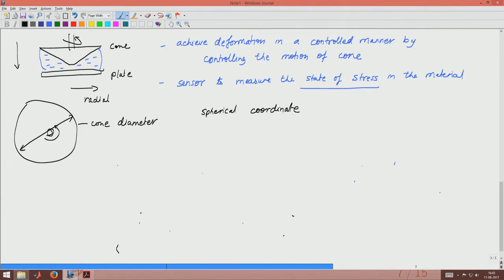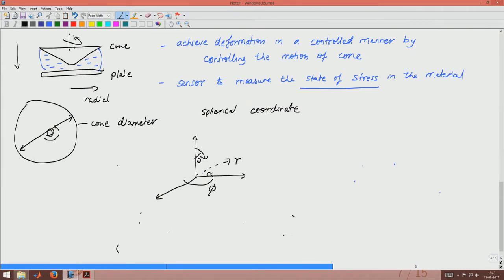If we try to draw the spherical coordinate system for this problem, generally we measure theta from the vertical axis, and phi is measured in the plane itself, and then of course we have the radial direction. So, how do we map this spherical coordinate system onto the cone and plate?